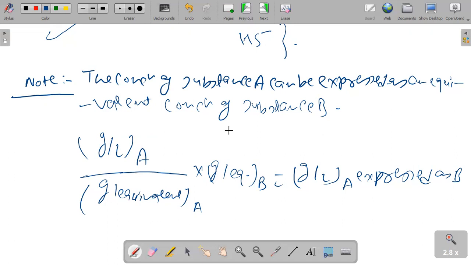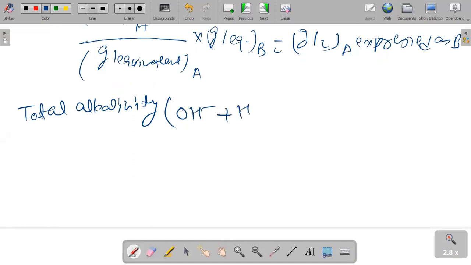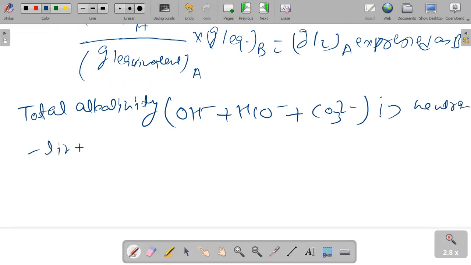If we talk about total alkalinity, here we need to find the alkalinity due to OH-, HCO3- and CO3 2-, and this total alkalinity is neutralized at a pH of 4.5.